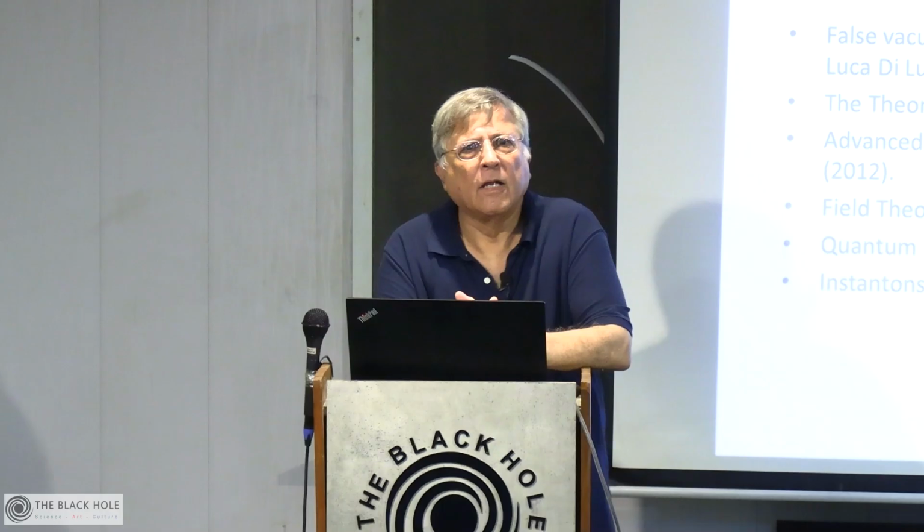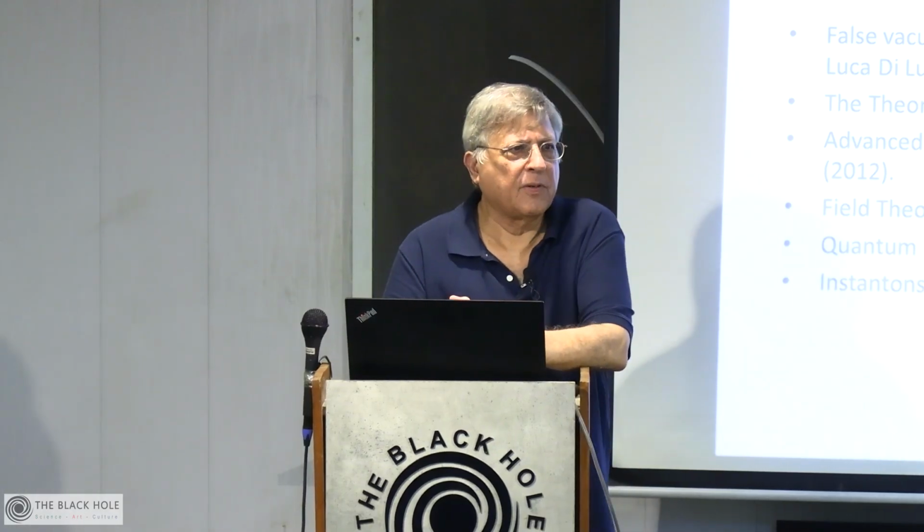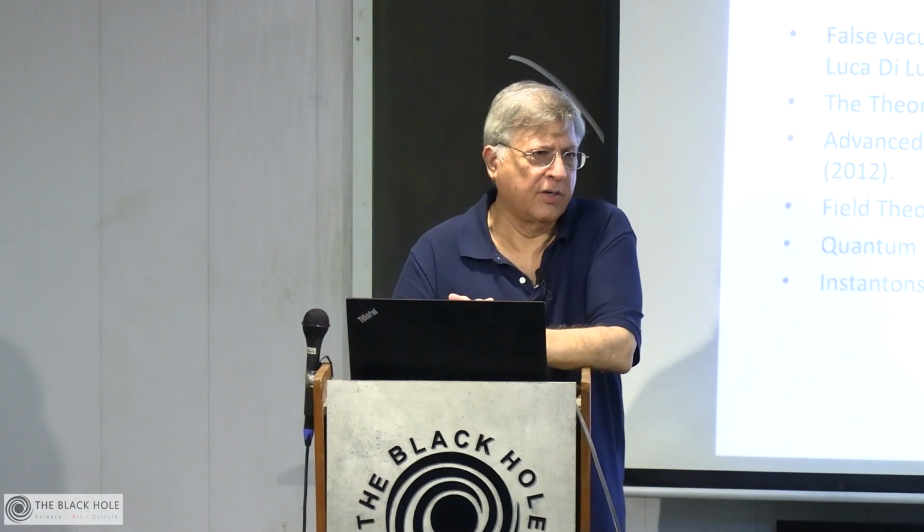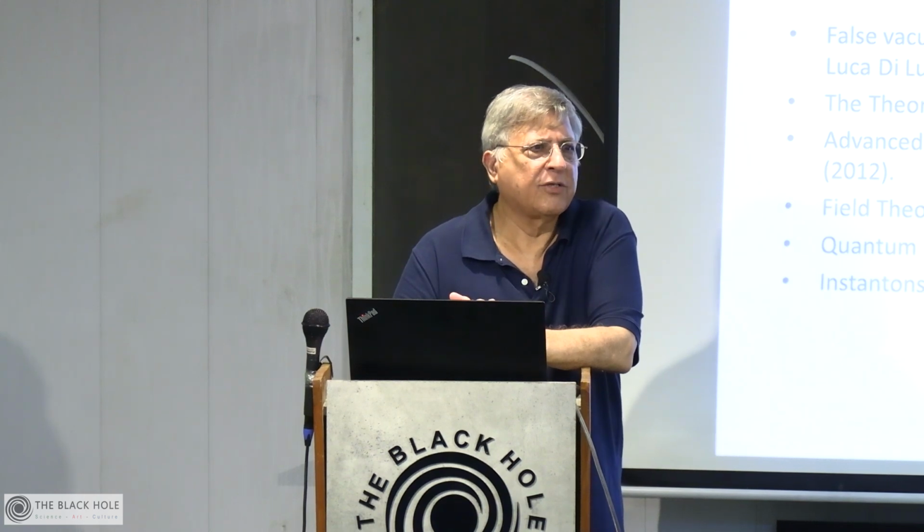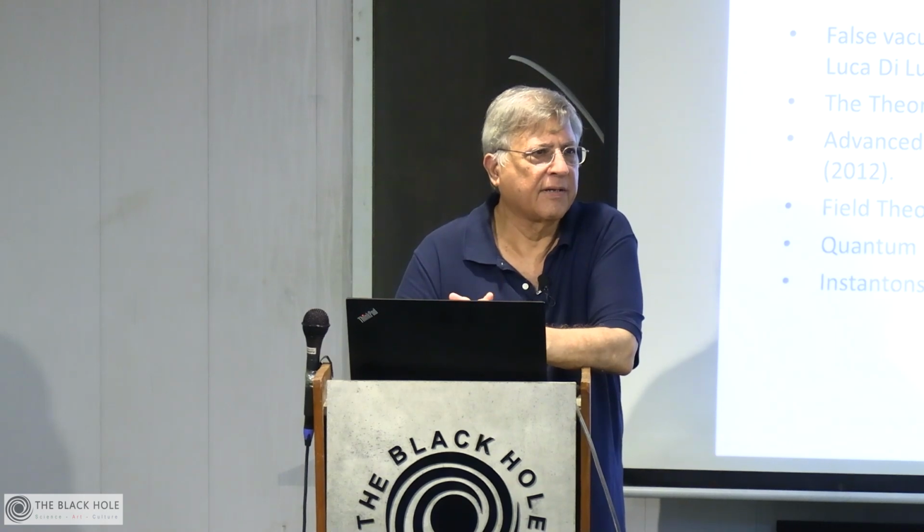So we have these instanton solutions in non-abelian gauge theories, but we don't have them in abelian ones, right? We did see an example, the O(4) instanton, which was for a phi to the fourth theory.